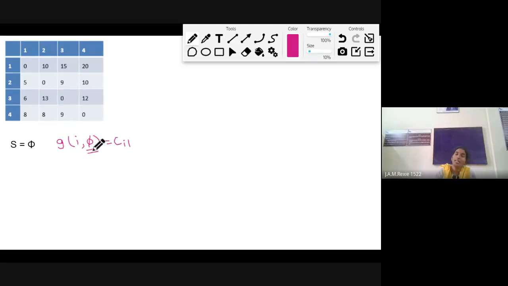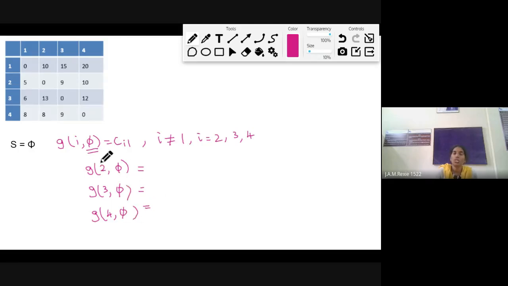So that has to be calculated. For this, I should not be 1. So what values do we have to calculate? I will be the remaining vertices we are having, 2, 3, and 4. So G of 2 comma null, G of 3 comma null, then G of 4 comma null. We have to find.